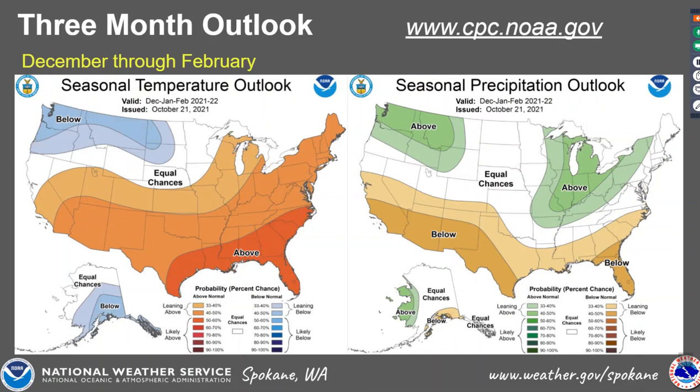Now, as we take that through the winter, December through February, you'll see that the Climate Prediction Center is saying below average temperatures and above average precipitation. So they're going with the typical La Nina winter that we could see across our region.